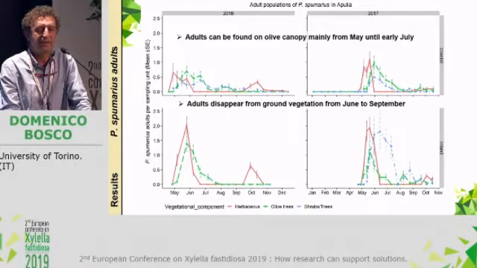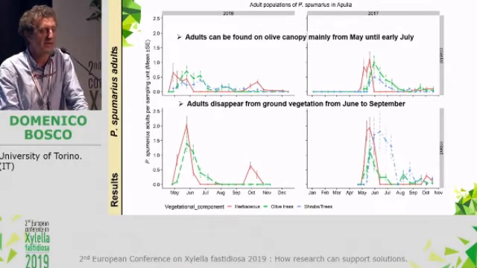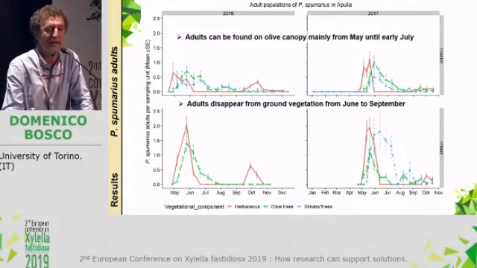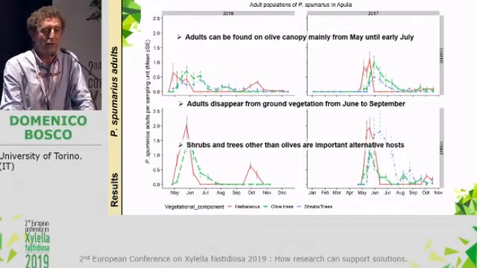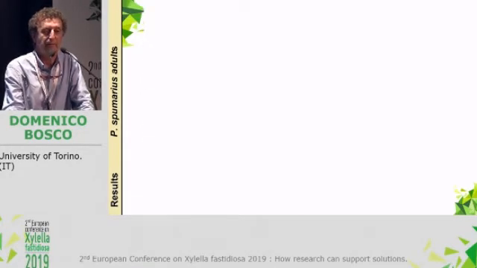Then adults virtually disappear from ground vegetation over the summer months. This is also because the vegetation becomes completely dry under these warm and dry Mediterranean conditions. And of course, shrubs and trees other than olives are really important alternative hosts, especially over the summer.